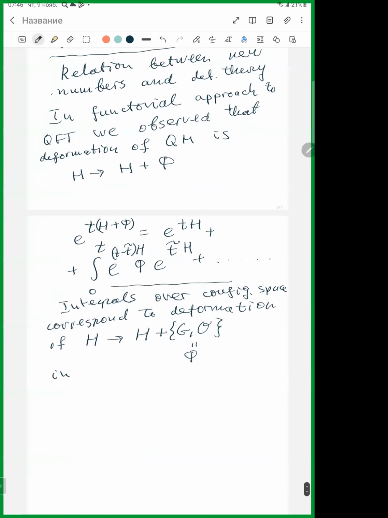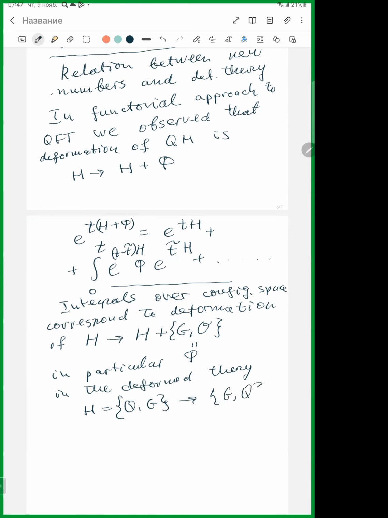In particular, in the deformed theory, H that was QG or GQ is the same, goes to GQ plus GO.